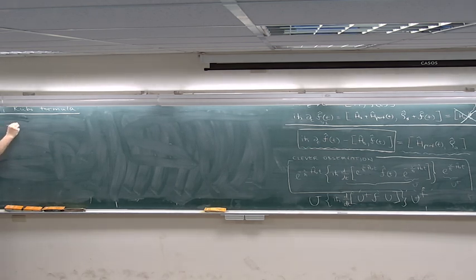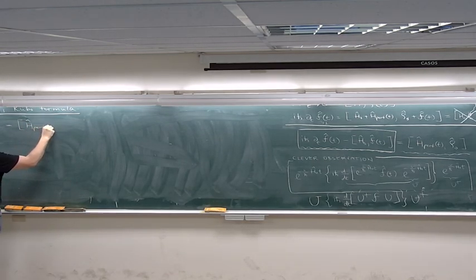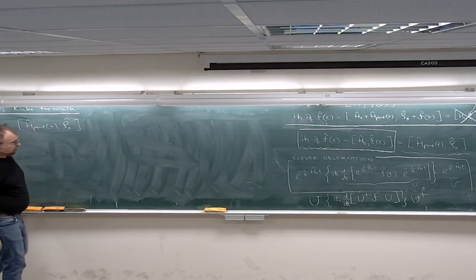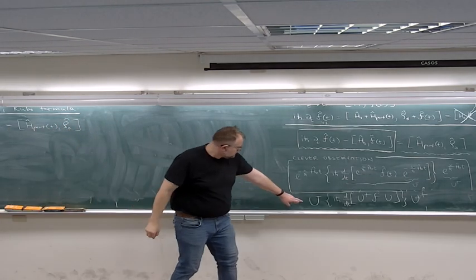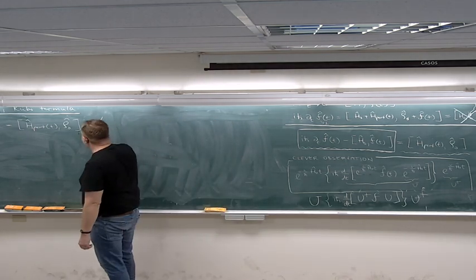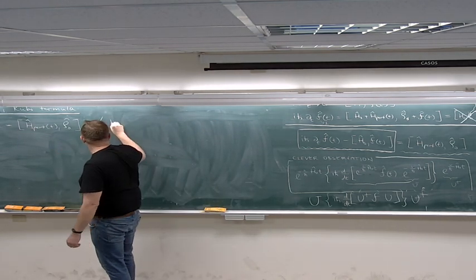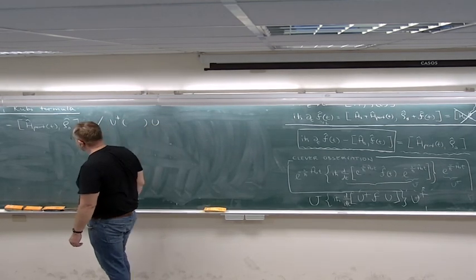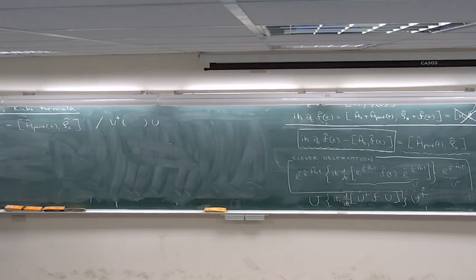This is equal to the commutator of H as a function of t with rho 0. I just rewrite it, right? And now what I can do is act on this equation from the left by U dagger and from the right by U. By doing that, I'm killing those two guys.